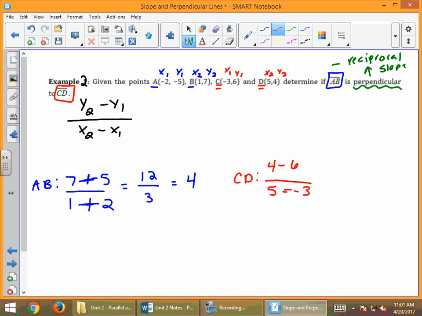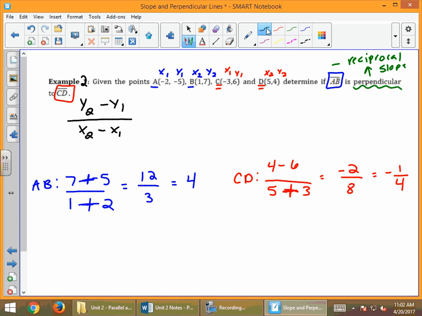Check for your double negatives that are going to turn positive. 4 minus 6 in the top is negative 2. 5 plus 3 is 8. And then negative 2 over 8 simplifies down to negative 1 over 4.